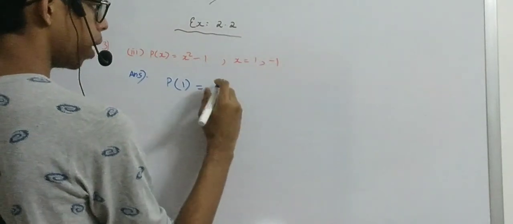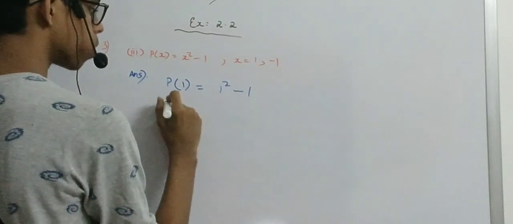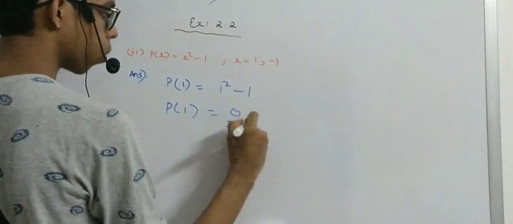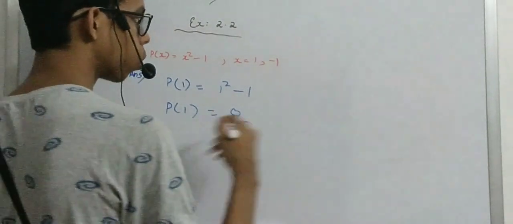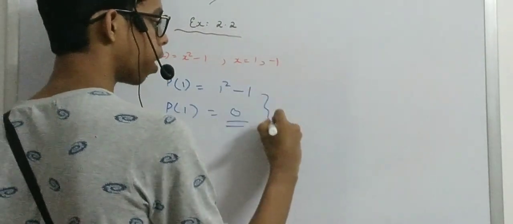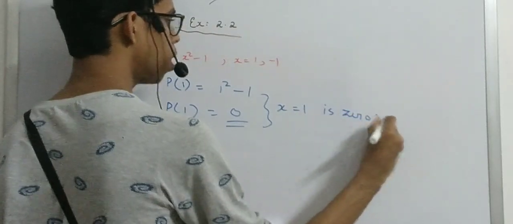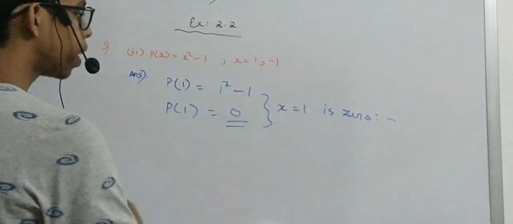P of 1 means substitute this 1 over here. So you will get 1 square minus 1. So p of 1 is equal to 1 minus 1, 0. Since we got the value of polynomial equal to 0, x is equal to 1 is the 0 of the polynomial.